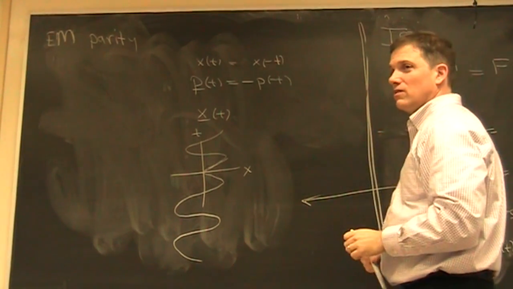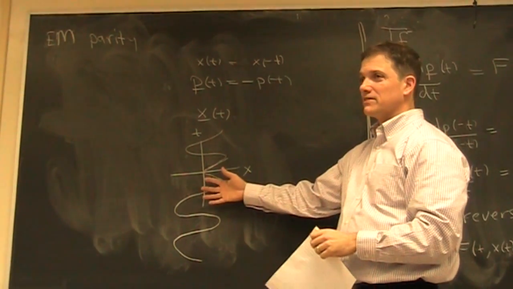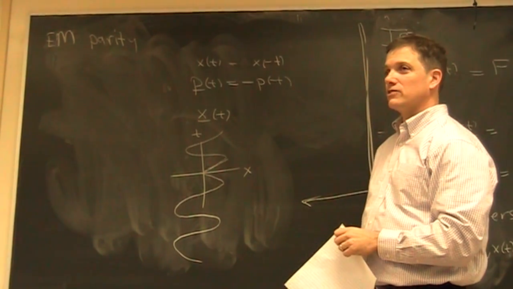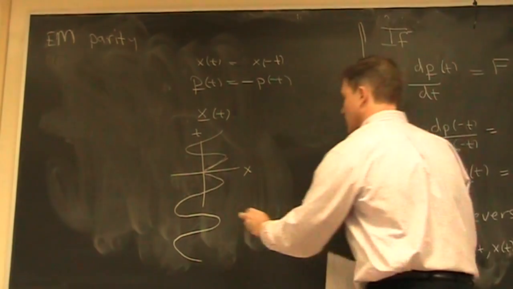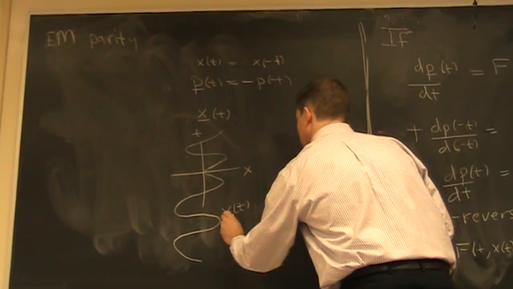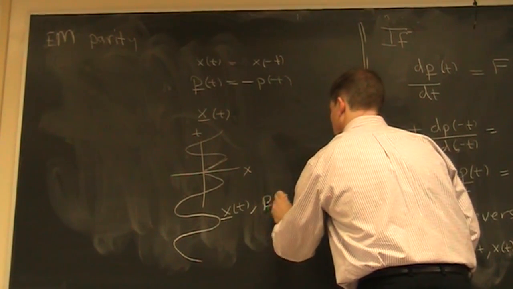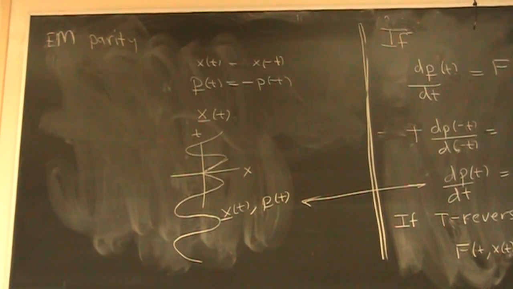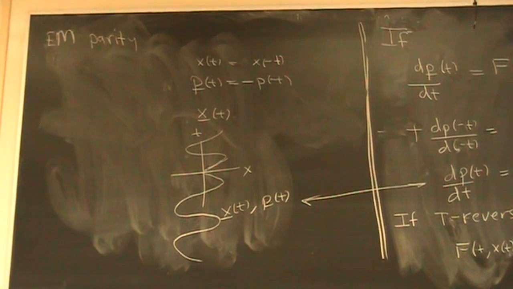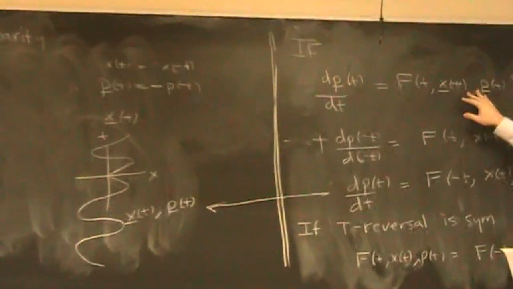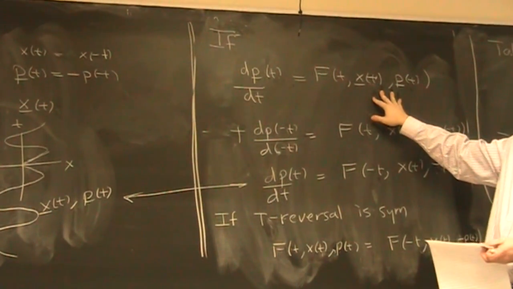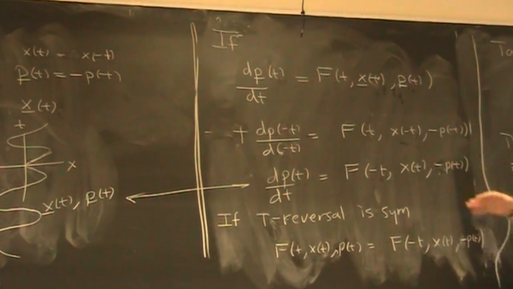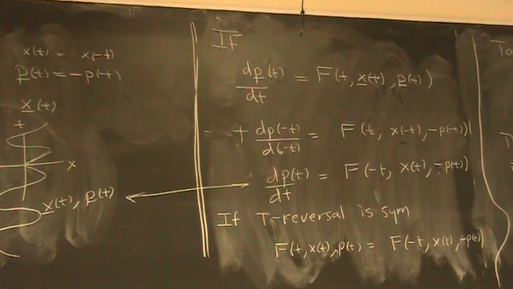We're asking whether this thing we've just constructed is a solution. This is some new x bar of t, p bar of t. Same equation of motion. Under what conditions does it satisfy the equations of motion? You find as a consequence that the forces should be this.